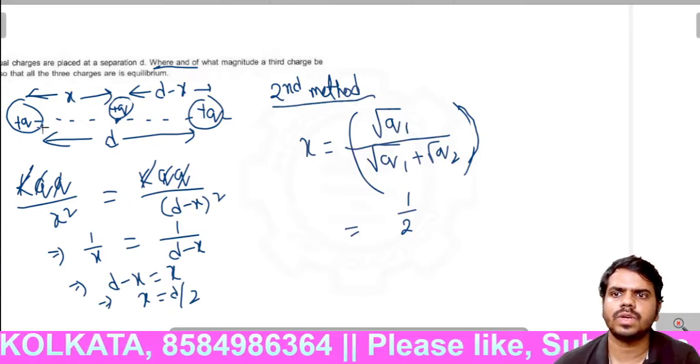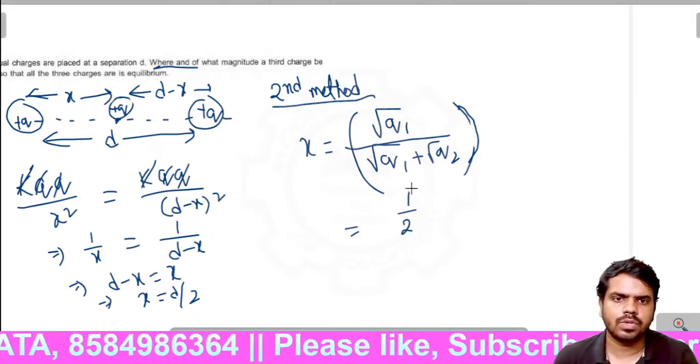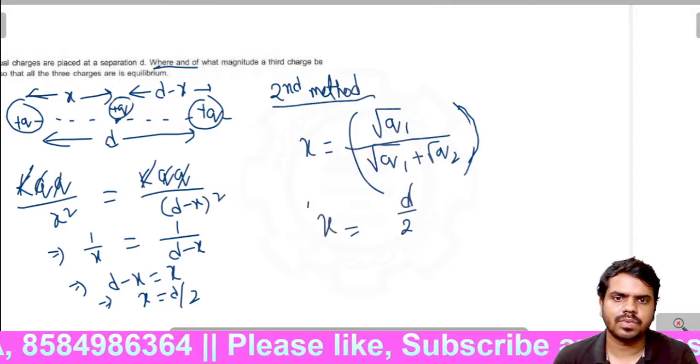The value of q1 is 1, and q2 is also 1. So 1 by 1 plus 1, that is 1 by 2 into D. So x is equal to D by 2. This is the formula method.